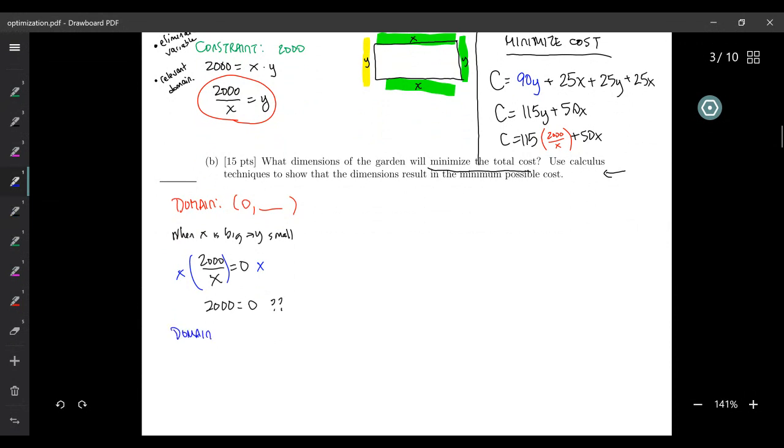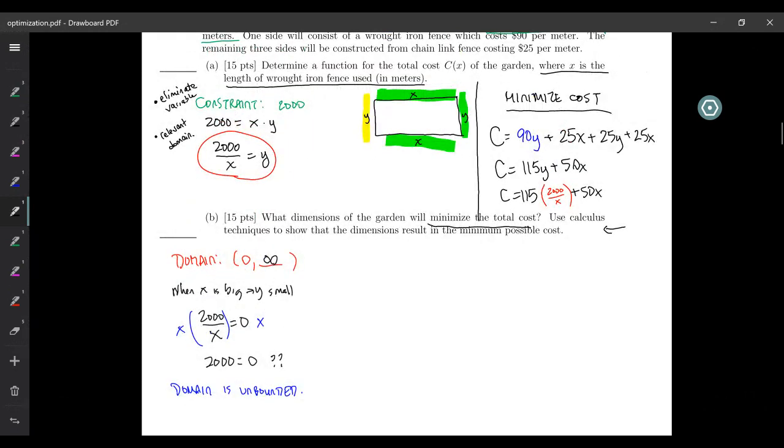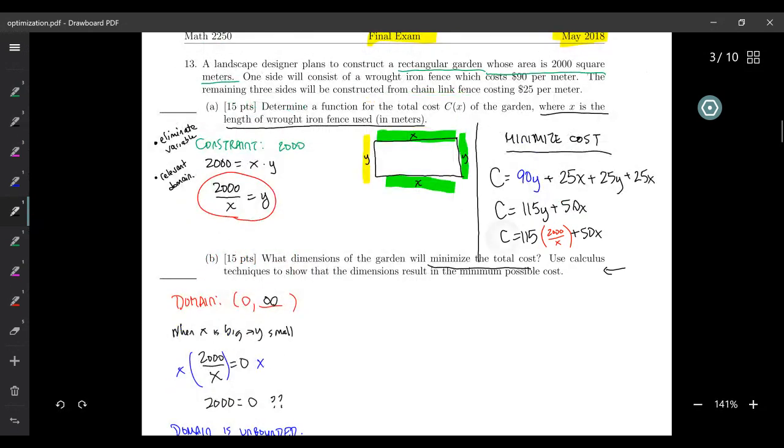Right? There is no number that will be an upper bound for x. And if you think about it, you can make this diagram really, really narrow, where it's a very large y and a very small x, or you can go exactly the opposite, where it's a really wide x and a really narrow y.